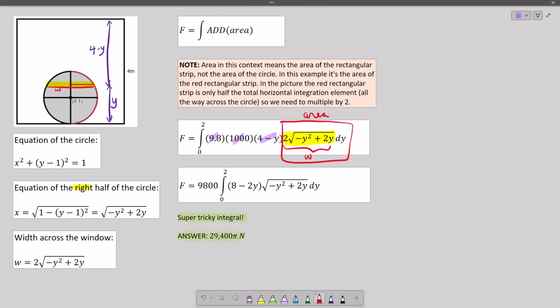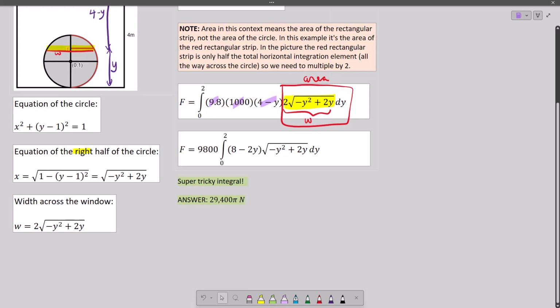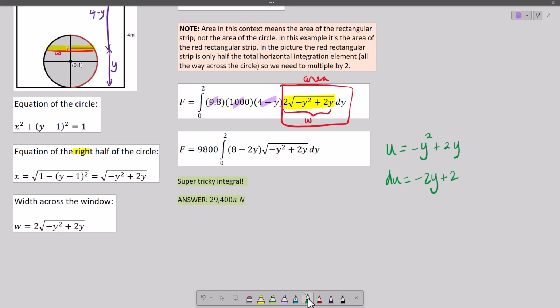The 9800 pops to the front. You can distribute the 2 and you get 8 minus 2y. Now this integral is hard because when you let u equal negative y squared plus 2y, when you let u be what's inside that square root, you are not getting a match for what's on the outside.